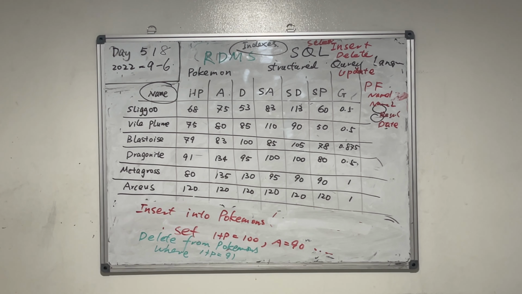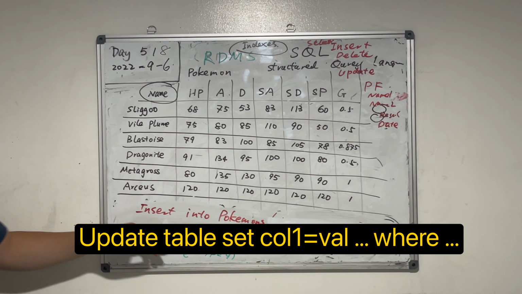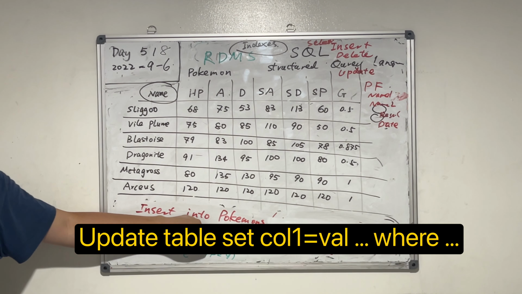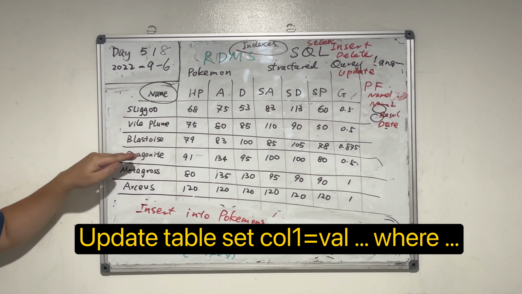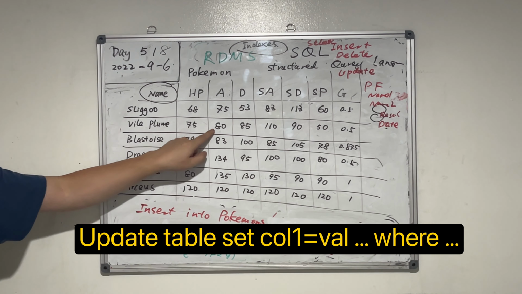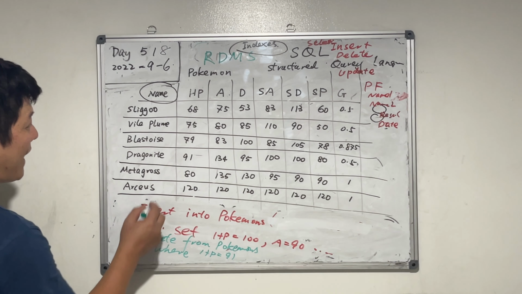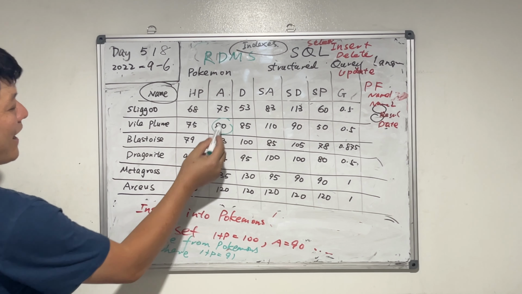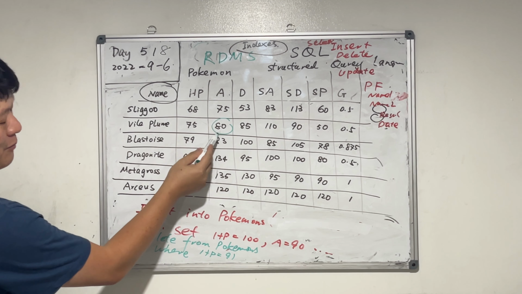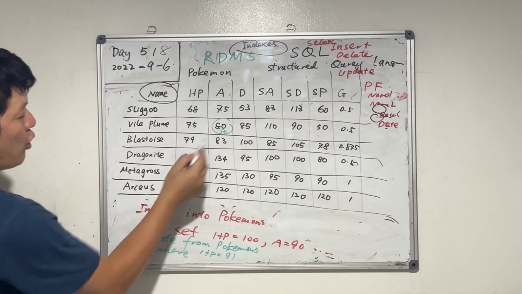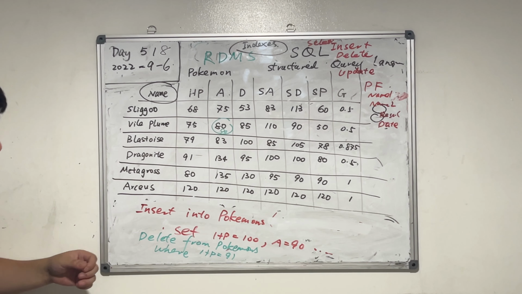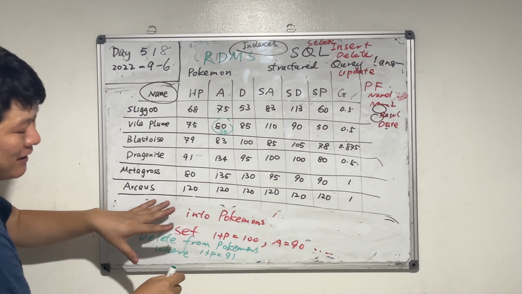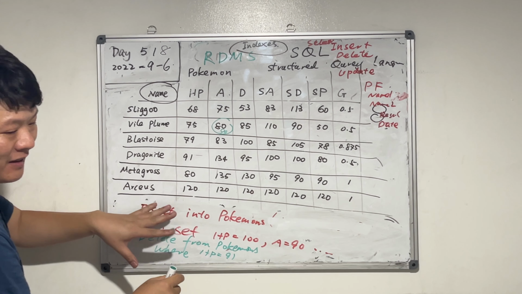And update. Can you imagine what update is? So update Pokemon, right? Set. I want to change this. So update Pokemon set A equals, for example, 90. Where, okay, if I don't specify where, what happens? This column will be changed to all 90, right?